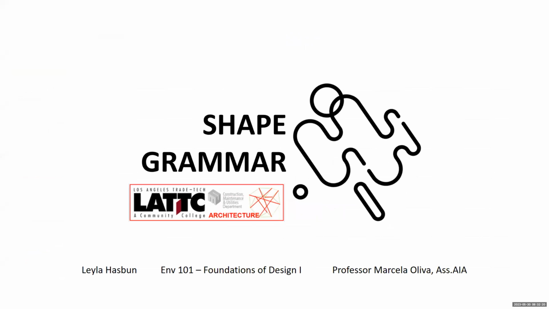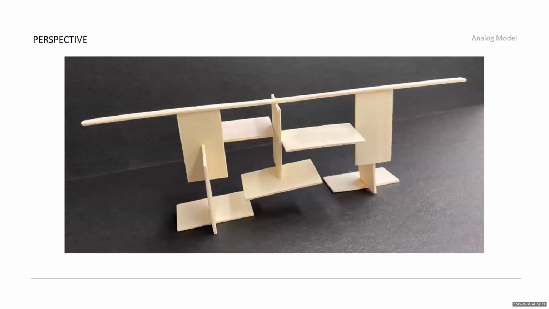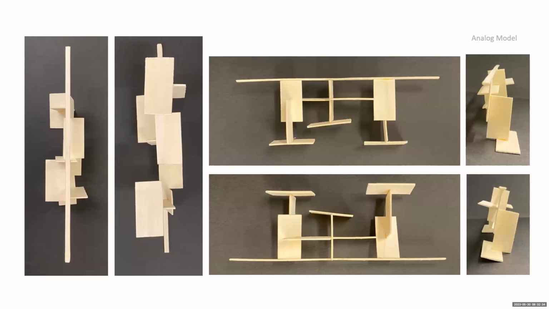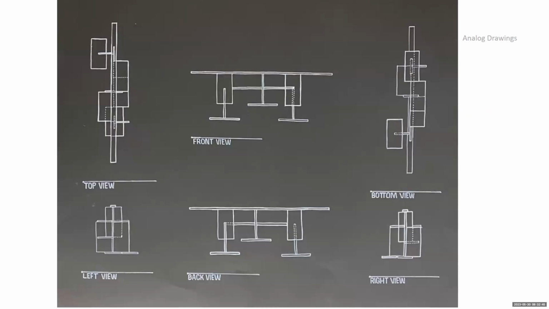Okay, the first project was the shape grammar, the table of content. This is the perspective of my analog model. These are all the views, the 6 views: the top, the back, front, bottom, left, and right. The analog drawings, we drew the model in each view.